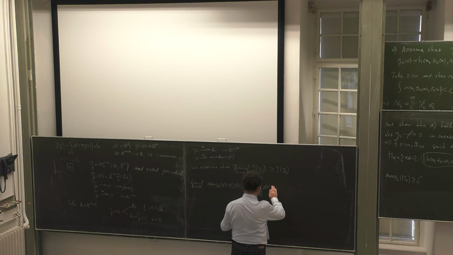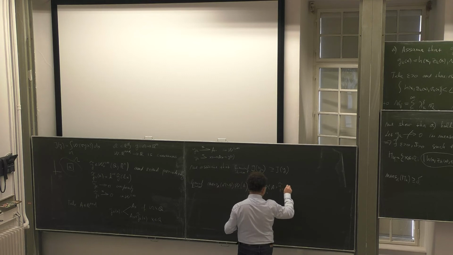I can already put it there, so it's A plus the gradient of yk tilde x dx.